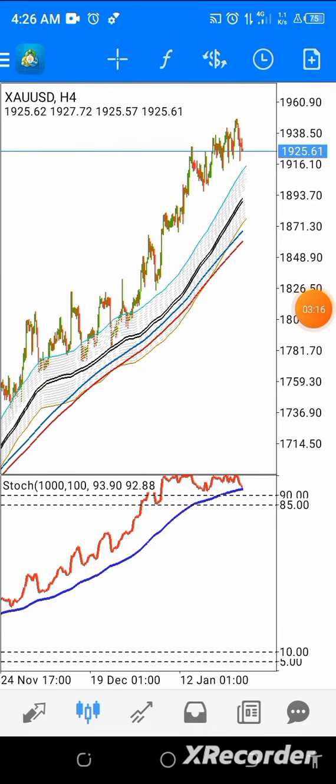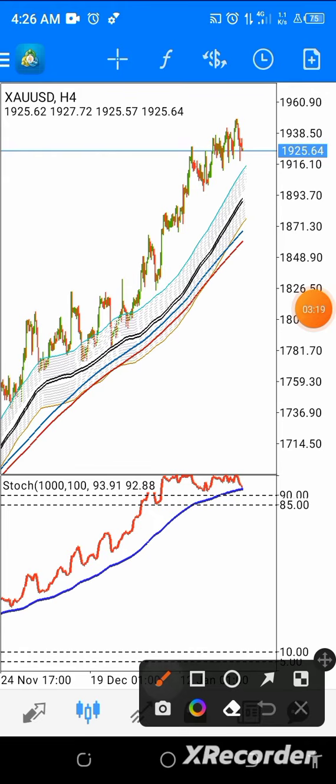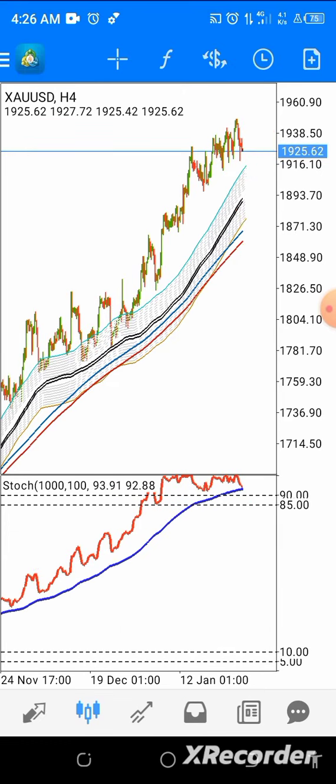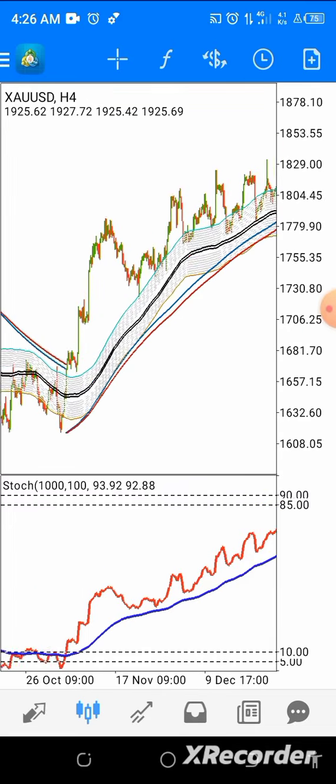Once you enter and you realize that your stochastic oscillator, the one in red line, is above the blue line, you continue to hold. As you can see, around this place it is about to cross the blue line, but it has not crossed yet. That is why the market is still at the top here. Except the market drops down, hits the parabolic and continues, you cannot enter this trade.